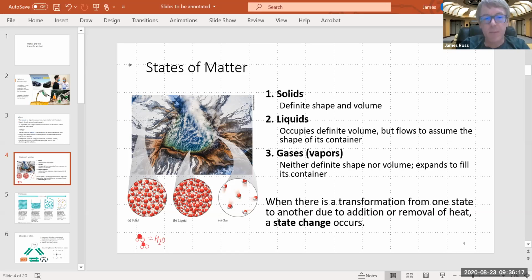Also notice there seems to be fewer molecules in this field of view. And that's because the density of solid water is less than the density of liquid water. It's not really essential that you lift that from this picture, but just in passing, there's less mass per unit volume in the solid phase because solid water has a lower density, and that's why icebergs float, for example.